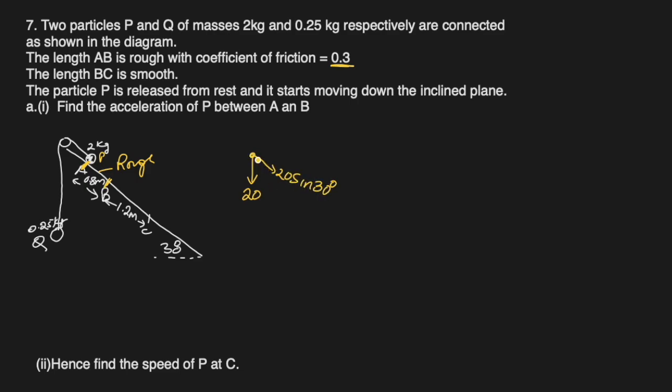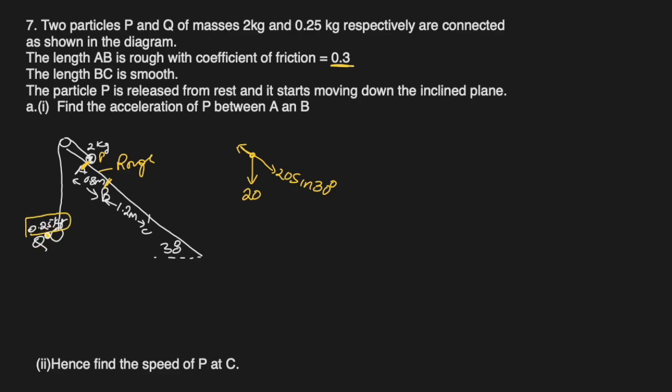This is the force which will try to bring it down, and it is actually bringing it down because they have said that it is released from rest and it starts moving down. But what force is trying to stop it? The tension in this string will try to stop it. And what is that force?